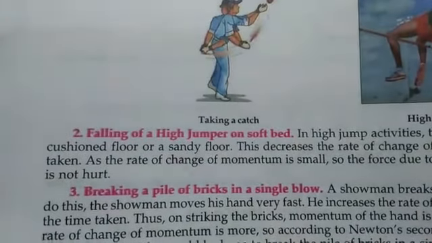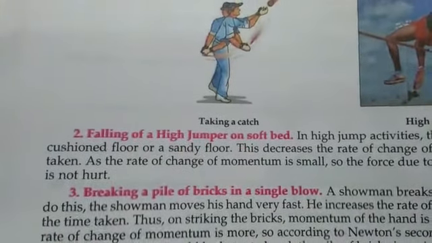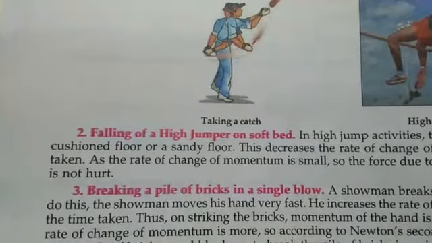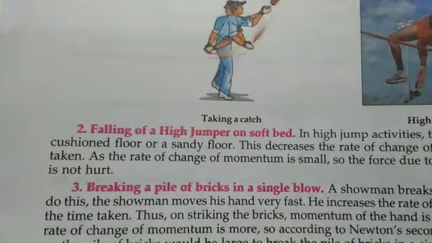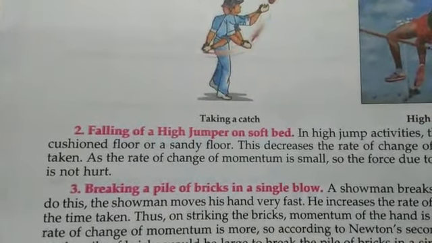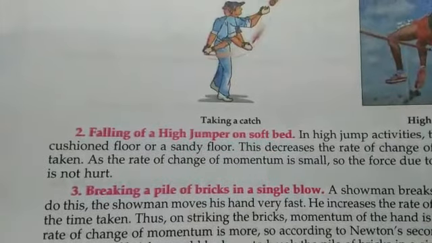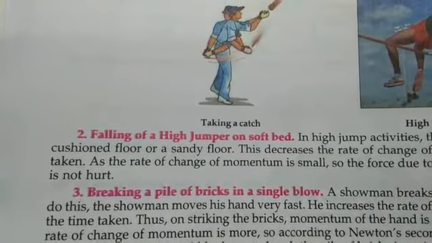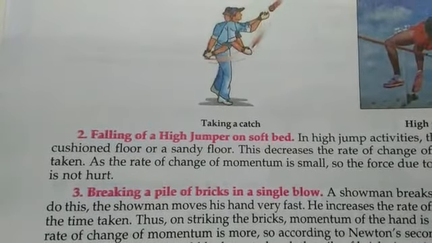So what is the reason behind that? The reason is that when you are falling, you are in motion, and when you fall on something, you have to come to rest. When you fall on a hard floor, you come to rest suddenly.